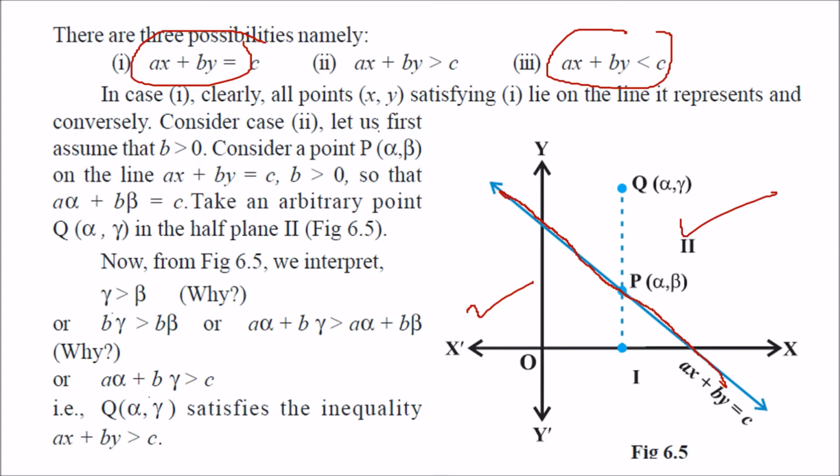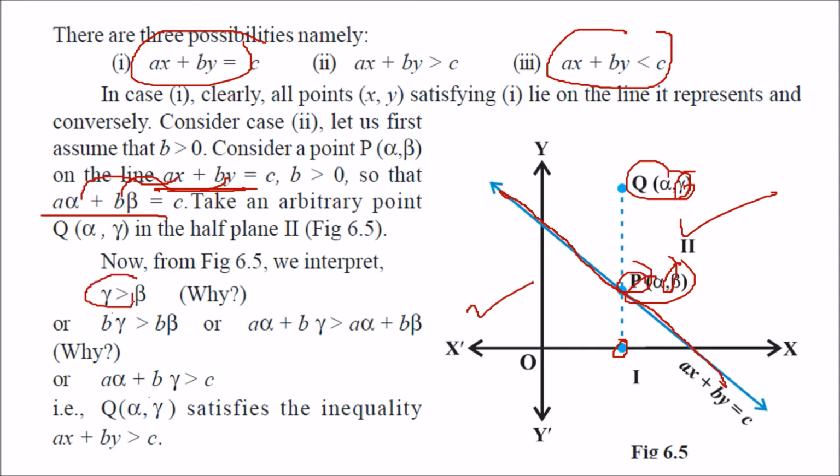If you want to find the explanation for this, just consider ax plus by equal to c and take any points P(alpha, beta) and P(alpha, gamma). Of course, we see that gamma is greater than beta, because alpha is the same, but gamma is greater than beta. Here the y value is greater. So let us place alpha and beta in this equation, x as alpha, y as beta. So a alpha plus b beta is equal to c.